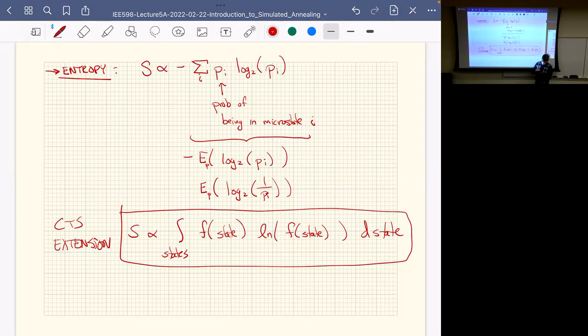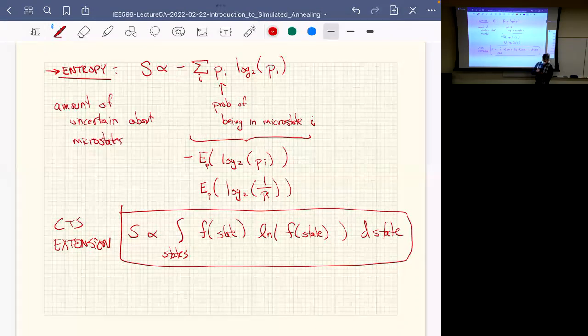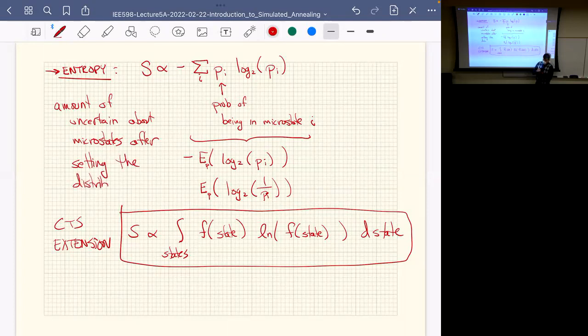So this is the amount of uncertainty about microstates after setting the distribution, which in this case is P or F. All right, so what do I mean by that?